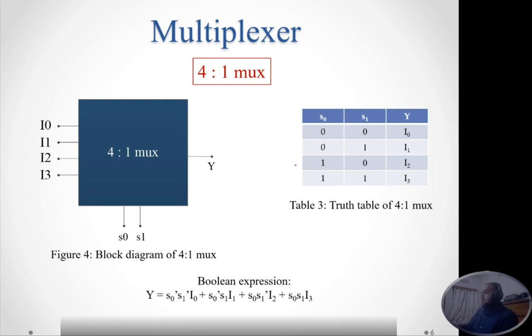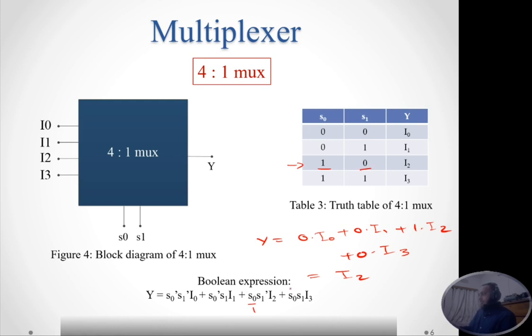If we put S0 as 1 and S1 as 0, then we will get the expression like this: 0 into I0 plus 0 into I1 plus 1 into I2 plus 0 into I3 equals to I2.